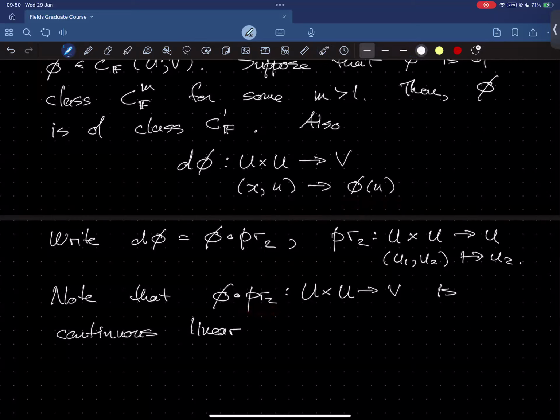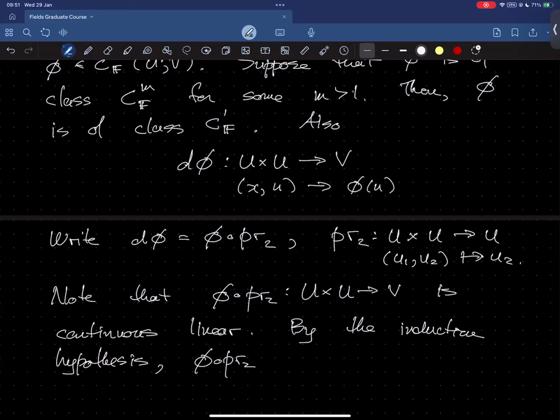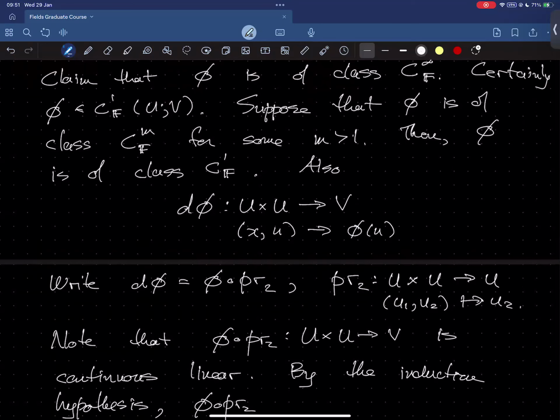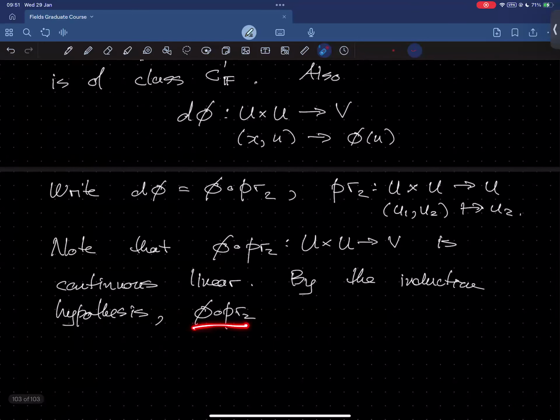And so therefore by the induction hypothesis, phi composed with PR2 is of class C^m, because I've said here that I'm assuming phi is of class C^(m+1), but what I mean, of course, is that every continuous linear mapping is of class C^m, and this is a continuous linear mapping, and so it's of class C^m.